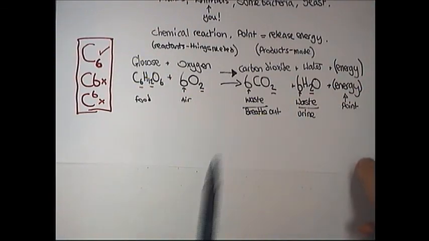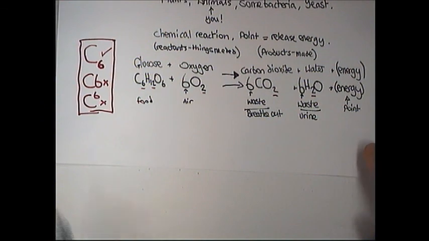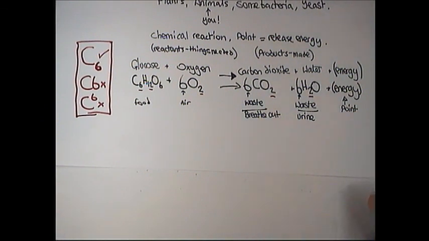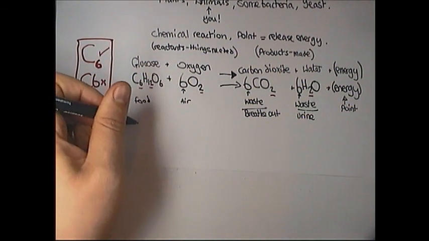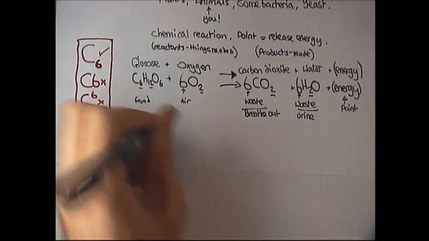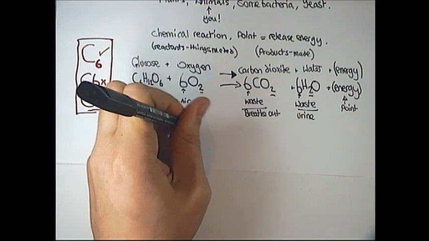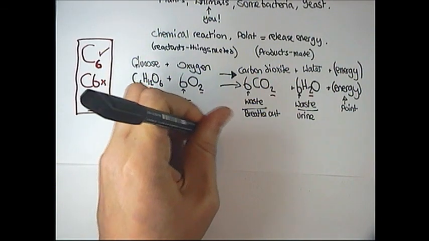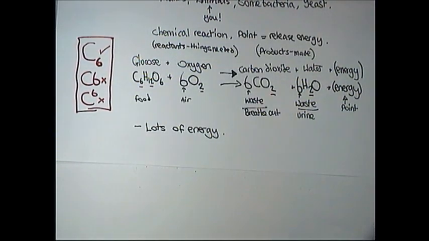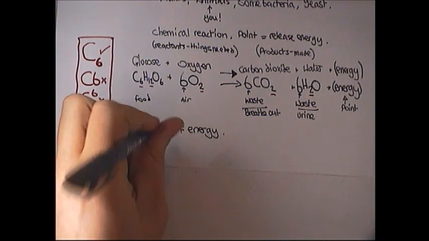So this reaction is really, really important, and the reason it's important is that it is used by cells to produce energy, and it doesn't just produce energy, it produces lots of energy. Every time a cell does this reaction, it produces lots of energy. It can only happen though in a certain part of the cell.